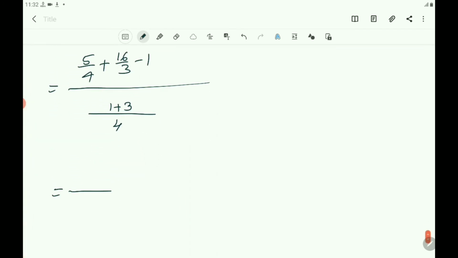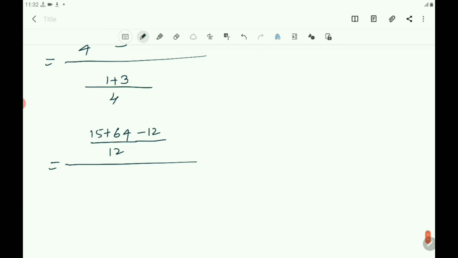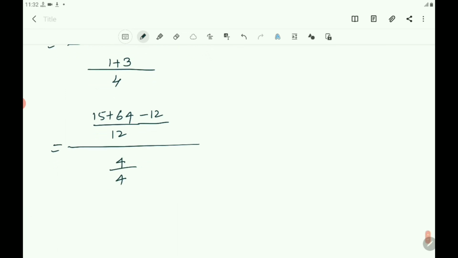Here you take the LCM as the product of these 3, that is 12. 4 threes are 12, 5 threes are 15. Then 3 fours are 12, so 16 fours are 64, and minus 1 twelves are 12. Then 1 plus 3 is 4, 4 by 4.